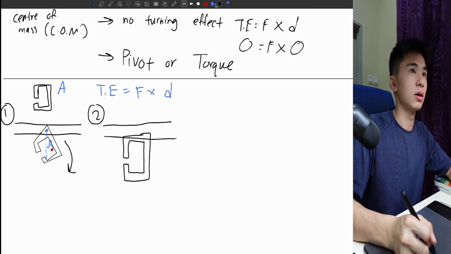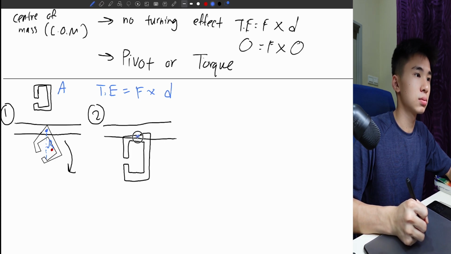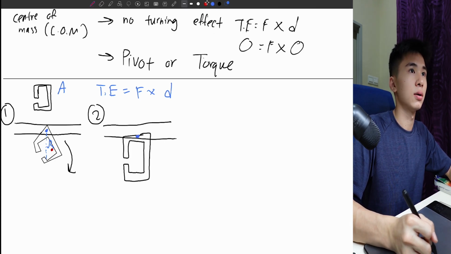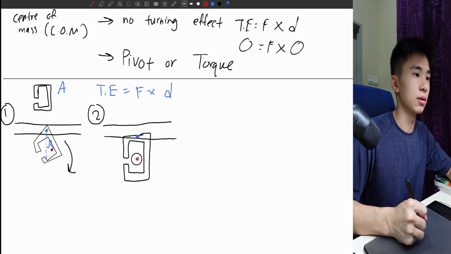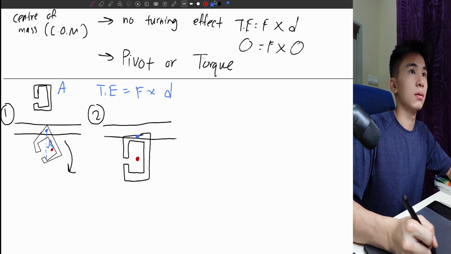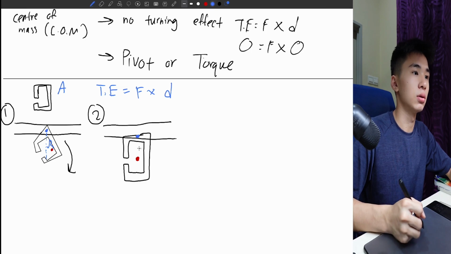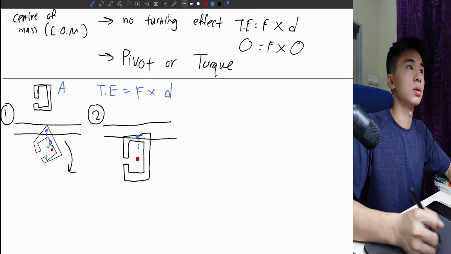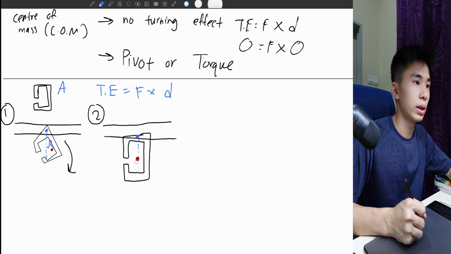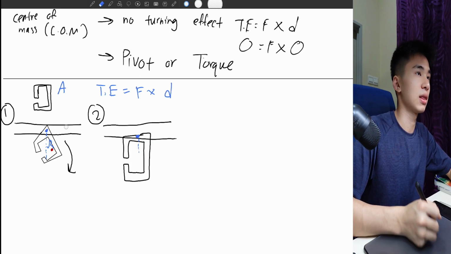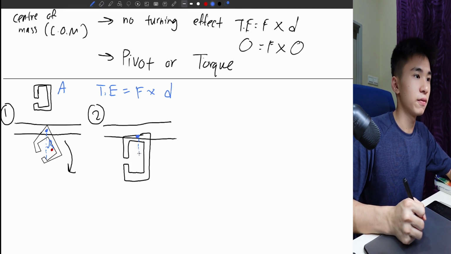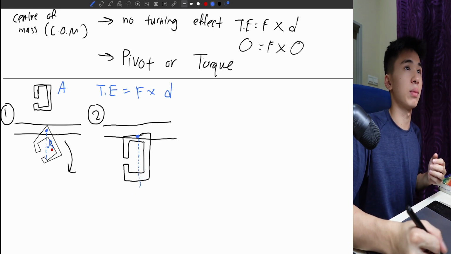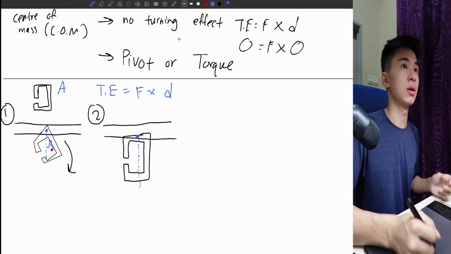If this is the torque right here, and the center of mass is right here, and there is no perpendicular distance. But I can do it without the center of mass. The center of mass is somewhere on this line, but I do not know which point it is.